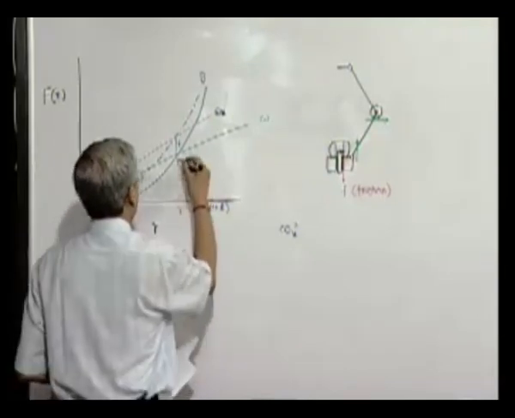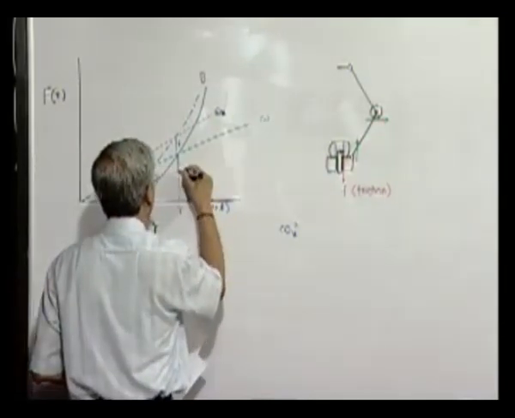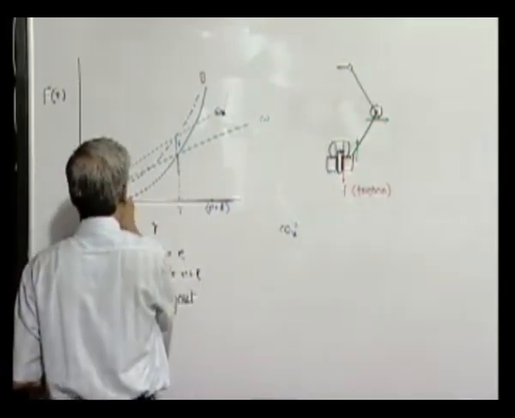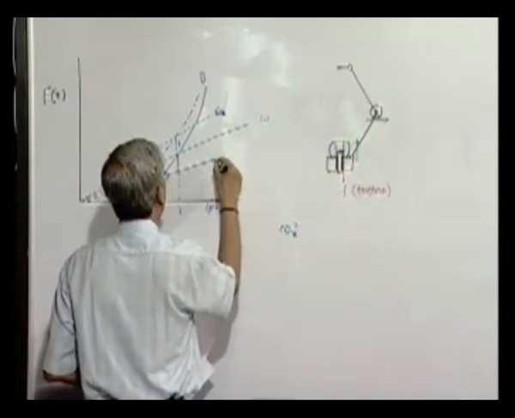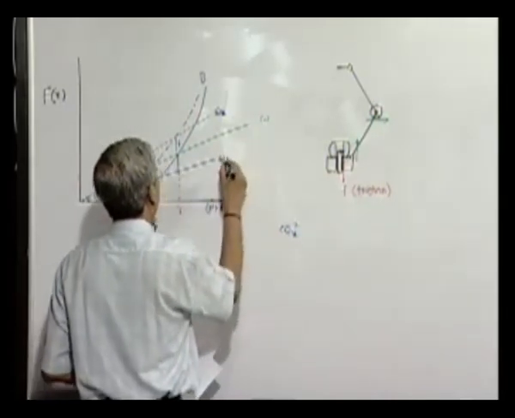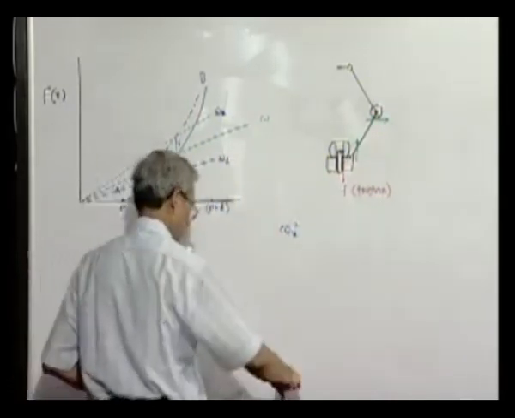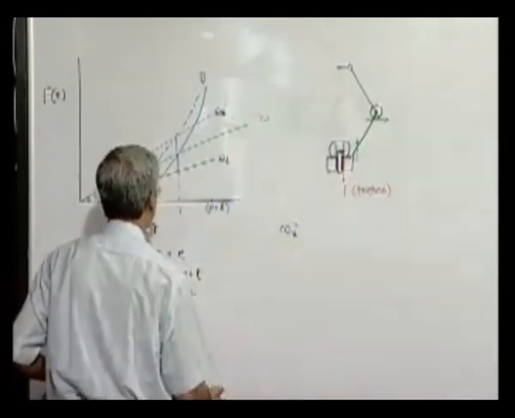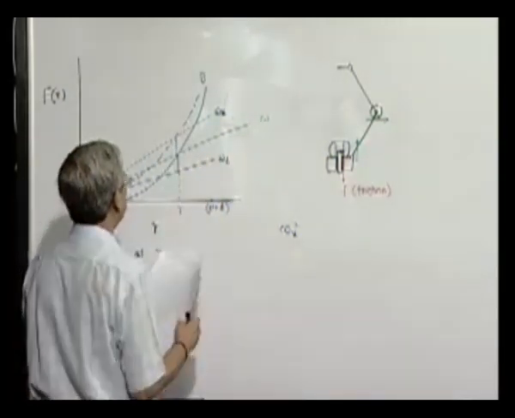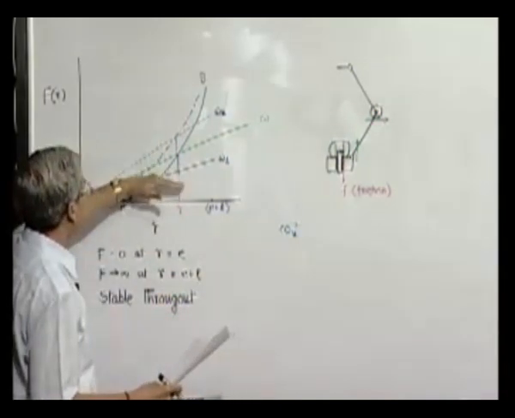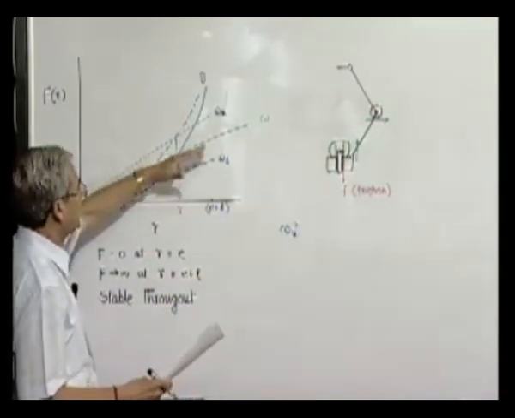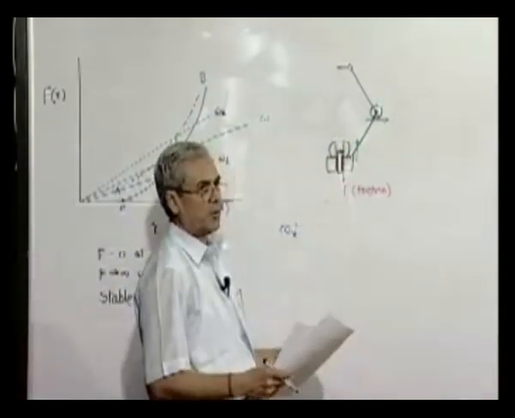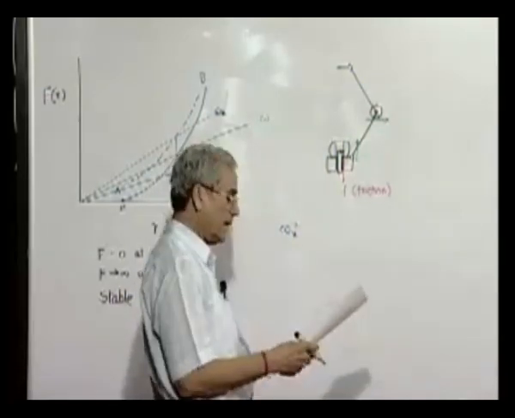Similarly, what is the lowest possible speed for the governor at this radius? So therefore there is always a certain amount of insensitivity, that means the speed of the governor can change from omega L to omega u, but still the governor will remain at the same location. That means it becomes slightly insensitive.